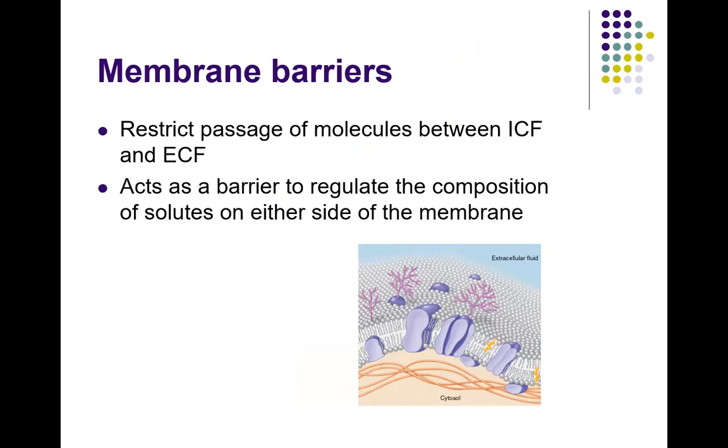It's kind of like a boundary, like the walls of a building. It separates the inside of the building from the outside of the building, or in the case of the cell, what's outside of the cell from what's inside of the cell. So it is going to allow certain things to pass through and certain things not. It separates the intracellular fluid from the extracellular fluid, and it's going to regulate what can move in and out.